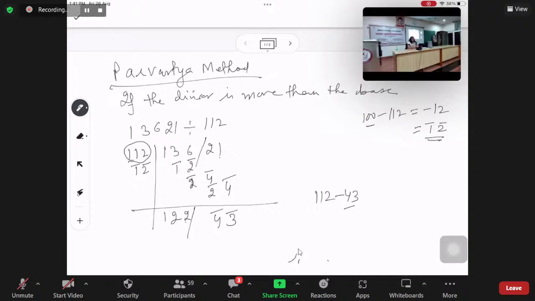When in the remainder we get all the digits with bar, we subtract this number from the divisor, 112. So 12 minus 3 is 9. 10 minus 4 is 6. So this is 69. This is your remainder and this is your quotient. And you will have to subtract 1 from here also. So this is 1 to 1. This is your quotient.